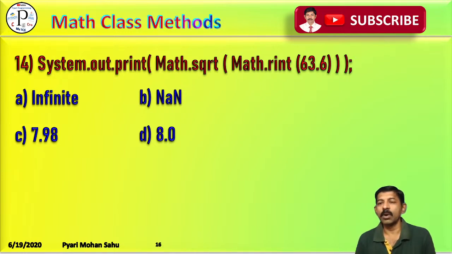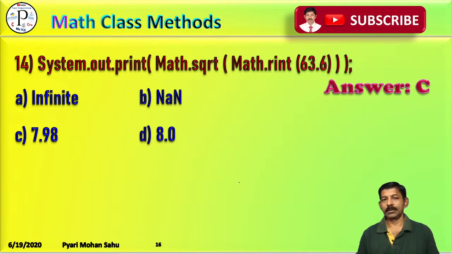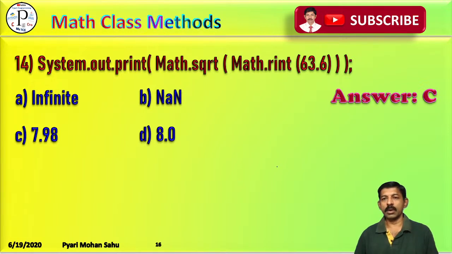Now this is wrongly given. This is not the right answer, C, because 63.6 will make it 64 and the square root of 64 is 8.0 because its return type is double.